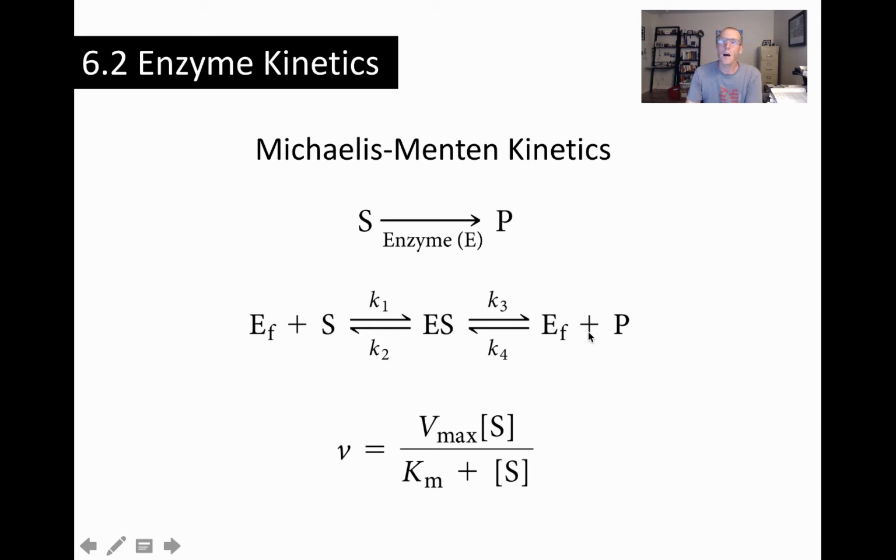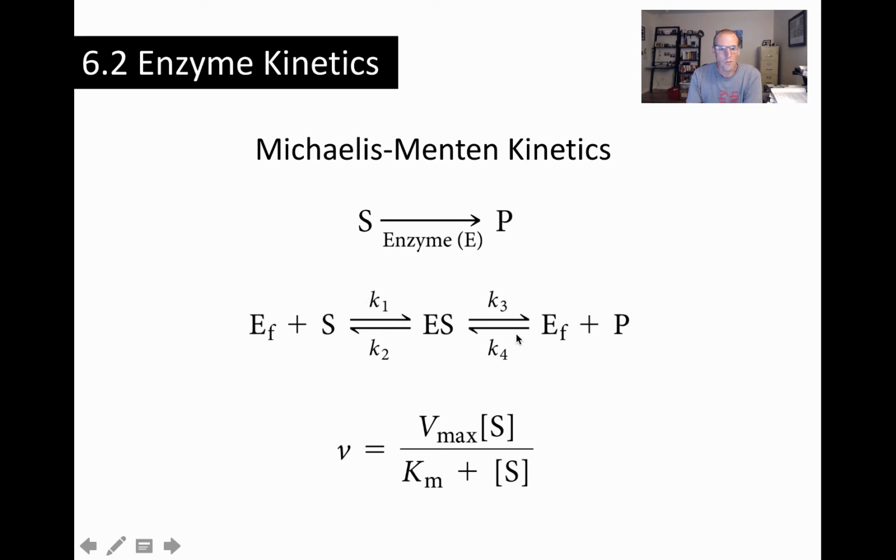And there are some enzymes where we actually convert back again, and so that will give us the constant K4, where the product can bind and maybe form the enzyme substrate complex. So that reaction in the middle there just summarizes the relationship between the enzyme in the free form, the substrate, the enzyme substrate complex, and then the release of the product from the enzyme, which returns the enzyme to its free form.